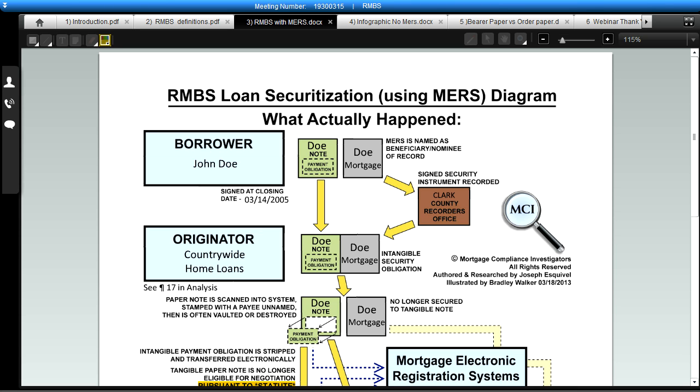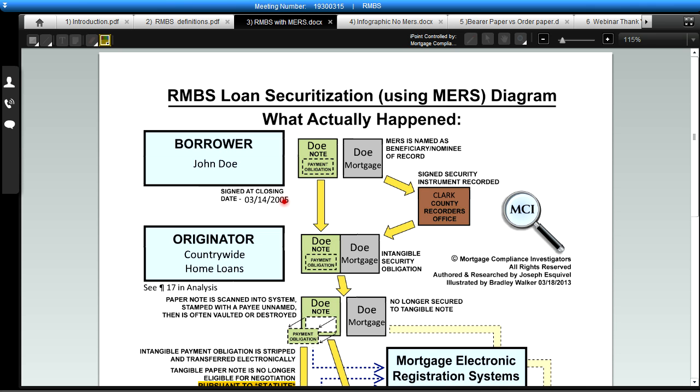So we have John Doe over here on the left-hand side, and he goes to title. And he closes on March 14, 2005. Now, when he is at closing, John Doe has anywhere between 60 and 80 documents that they sign.